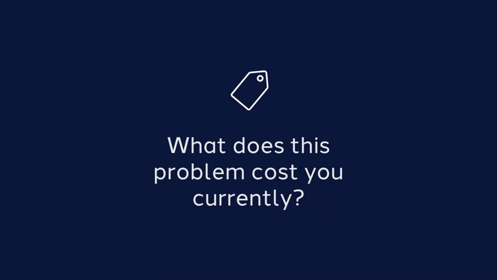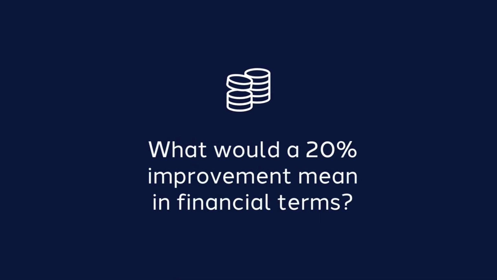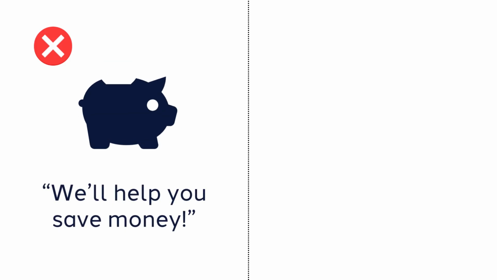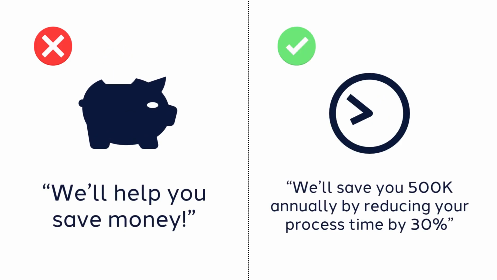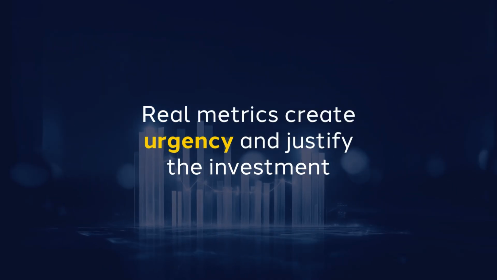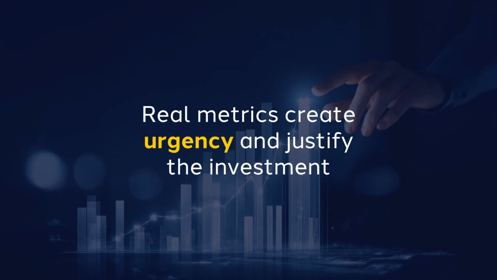Or, what would a 20% improvement mean in financial terms? The key here is getting concrete numbers, not "we'll help you save money", but "we'll save you $500,000 annually by reducing your process time by 30%." Real metrics create urgency and justify the investment.